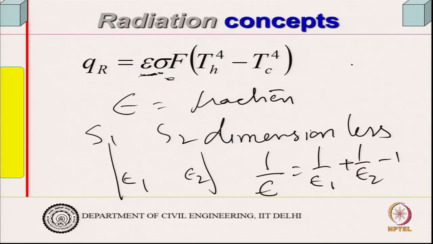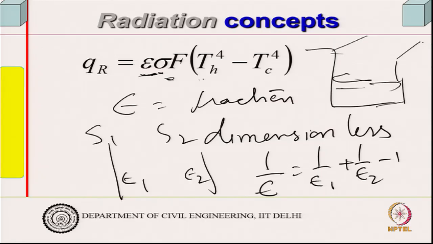For example, if I have one surface like this, and there is another surface something like this, and they see each other fully, then this value will be 1, face to face and same area. So, it is 1, but if it is inclined, then only a projection of one will be there on the other.